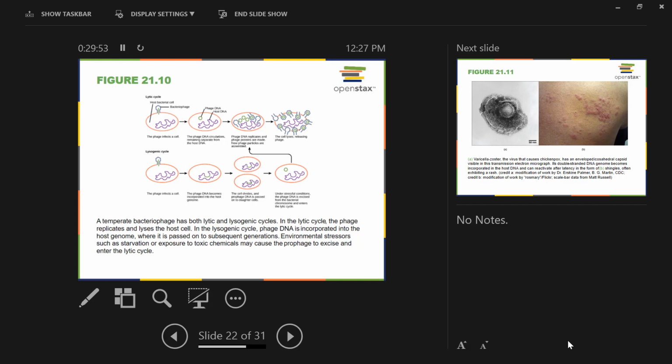Okay. So let's just say for kicks and giggles that this is E. coli, which happens to be the bacterium we know more about than any other bacteria. If this is E. coli, it takes about 20 minutes to replicate the E. coli genome. It would take probably 35 seconds to replicate this viral genome.